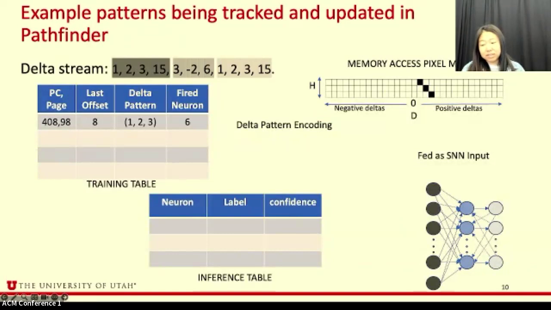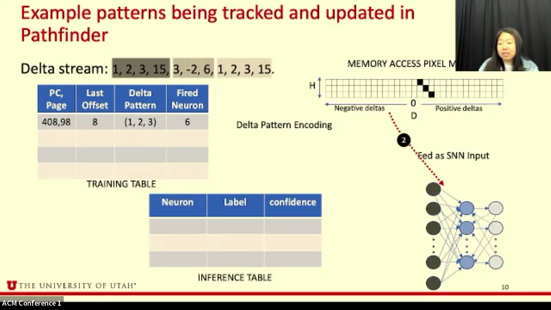Now let's take a look at a simple example of the patterns being tracked and updated in Pathfinder. In this example delta stream, the deltas from different pages are colored dark gray, gray, and light gray. When we see the first 3 deltas, 1, 2, 3 here, we convert them to a memory access pixel matrix and feed them into the SNN.